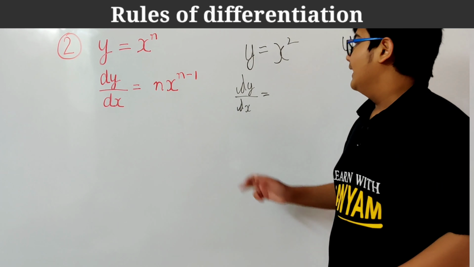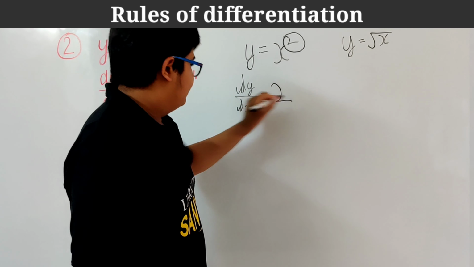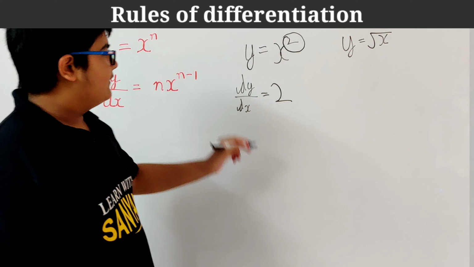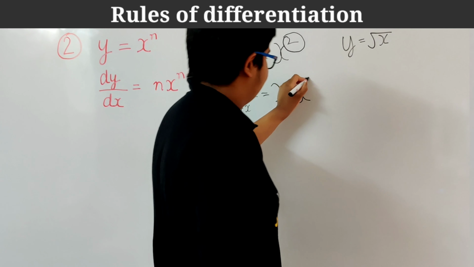The first example is that y is equal to x square, and now we have to find dy upon dx. Here, what is the value of n? What is the power? That is 2. So here n is equal to 2. Now we will apply the rule and bring this 2 forward. Now in the power it will become n minus 1, that is 2 minus 1.